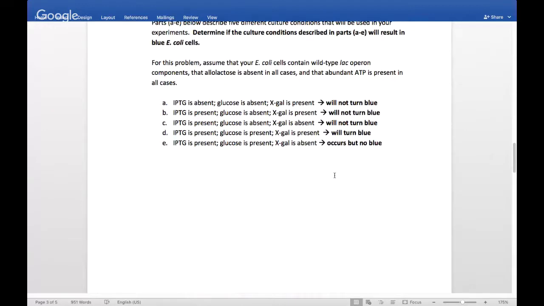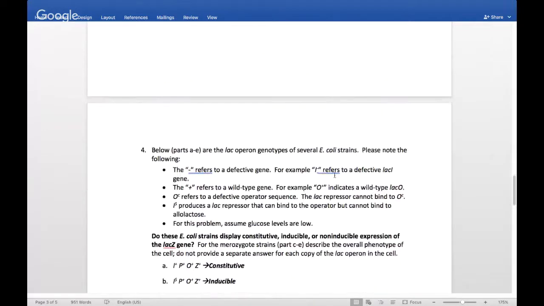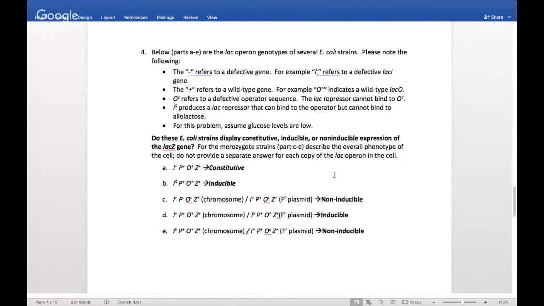And then IPTG present, glucose is present, but X-gal is absent. The reaction will occur, but it will not turn blue because you are missing the X-gal. So the point of this question is, for the reaction to occur, you need both IPTG and glucose, and for it to turn blue, you need X-gal as well.